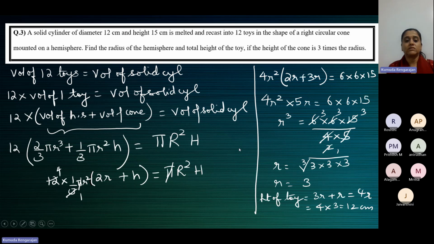Height of hemisphere plus height of cone. So R plus 3R, 4R, which is 4 into 3, 12 centimeters.